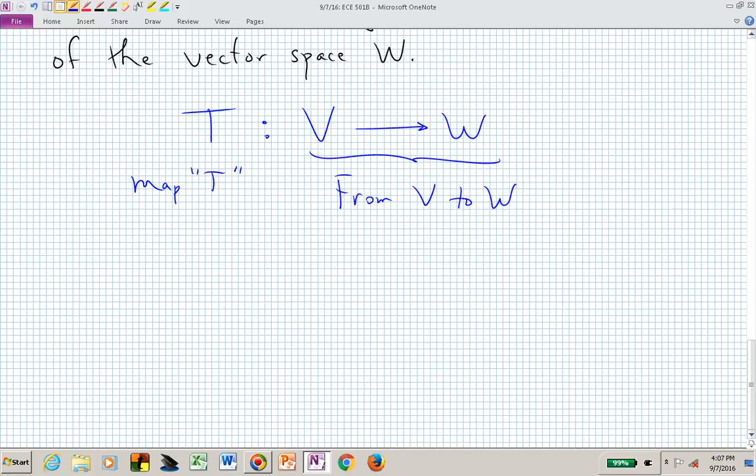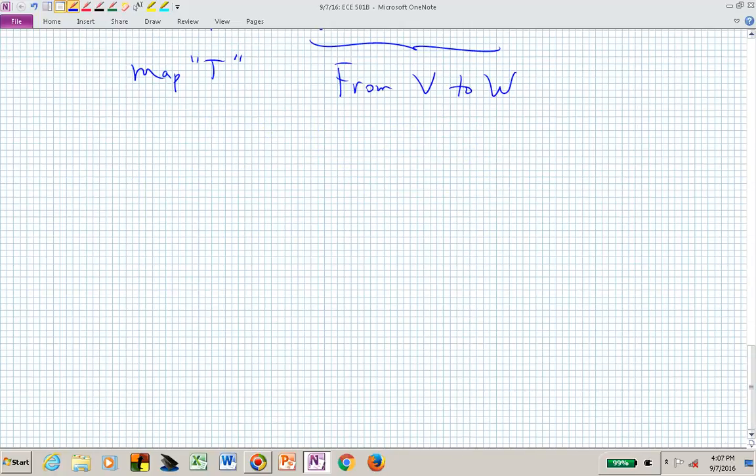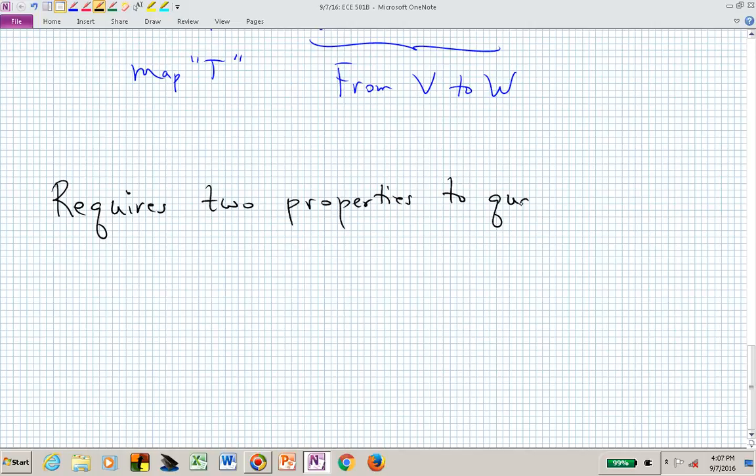Oh, that's a matrix. And that matrix could be in many different dimensions, depending on what your vector spaces V and W represent. But these linear maps require two properties to qualify as a linear map.